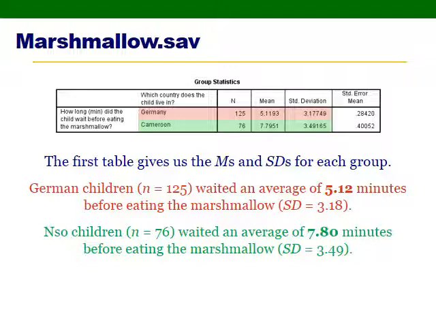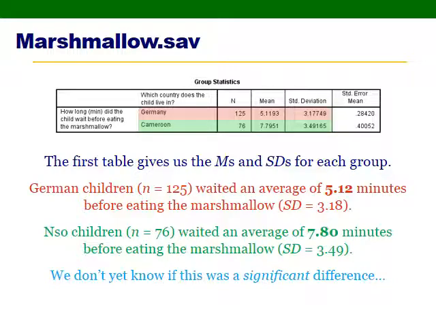Two things to note about this. First, if we were performing this test by hand, these are the 6 numbers that we would need to plug into our formula to calculate the t-statistic. Thankfully, because we have SPSS, we can ask SPSS to do it for us. Second, by looking at the means in this table, you might be tempted to conclude that Cameroonian children were able to wait significantly longer than German children, because by looking at the two means, those numbers look quite different.